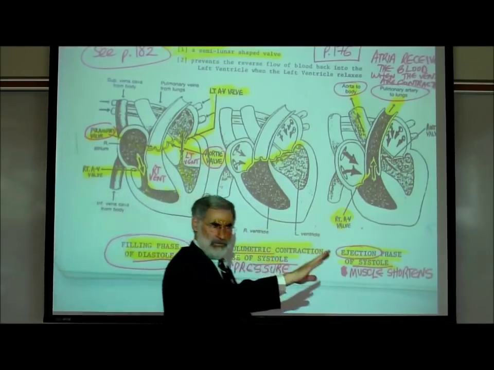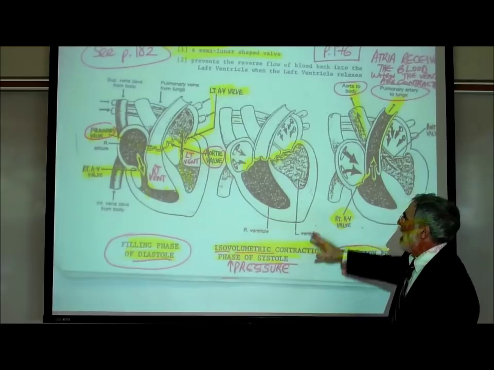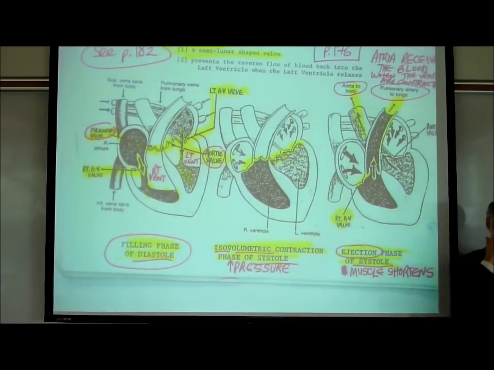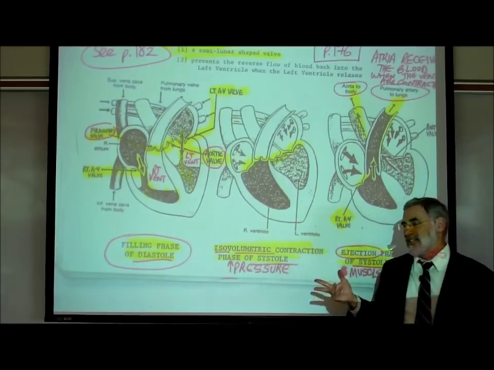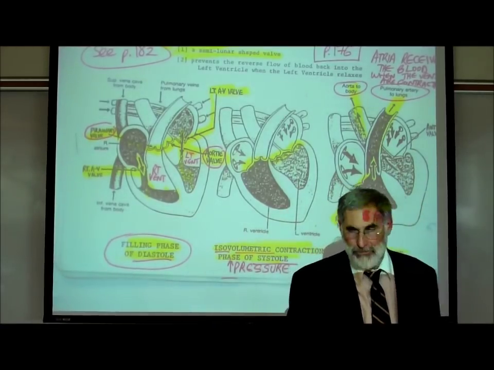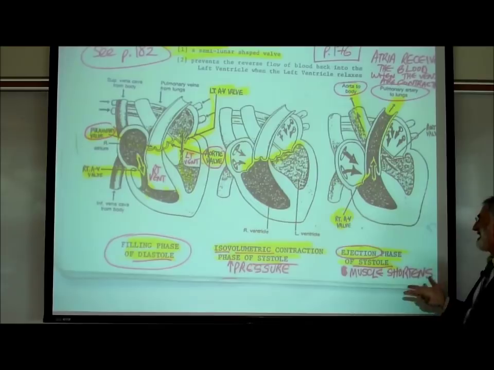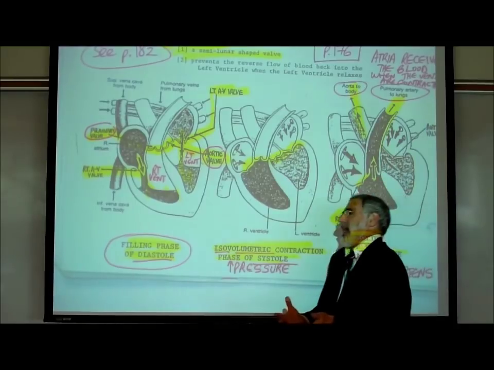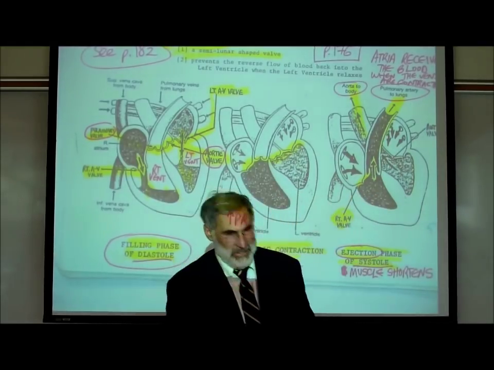Is everybody okay on that phase? All right, now, the next 2 pictures are 2 phases, both related to systole, both related to when the ventricles contract. And we described last class meeting that the way muscles contract is they contract in 2 phases.